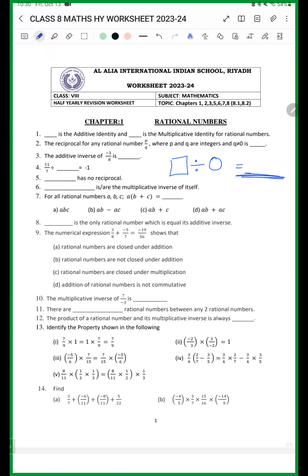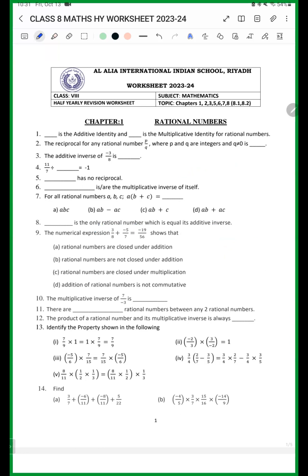Rational numbers are not closed under division. They are closed under everything else. Closed means that whichever operation you are doing, whether it is plus, minus, into, divide, when you do that operation, the answer should be within rational numbers itself.